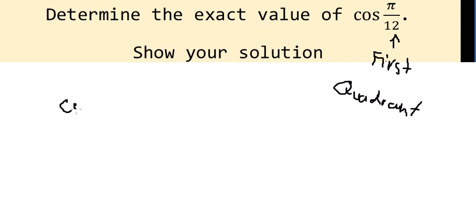We have cosine 2a equal to 2 cosine a squared minus 1. So in this situation, a that should be about π over 12.